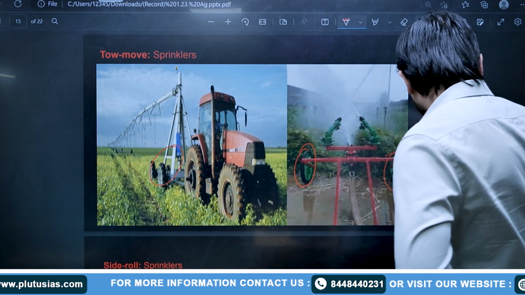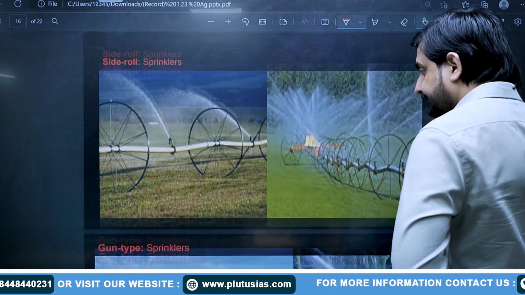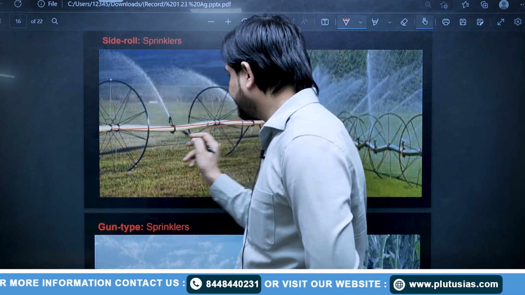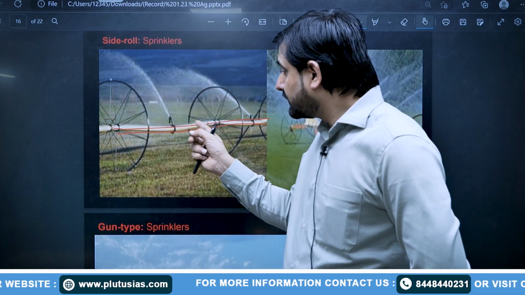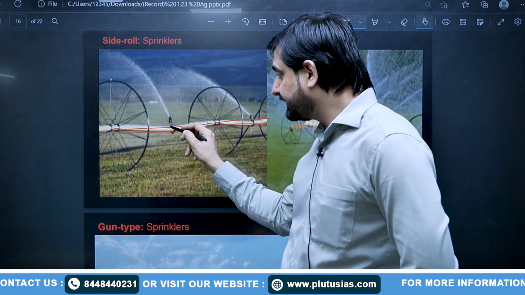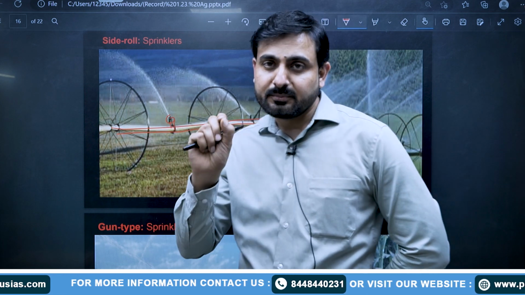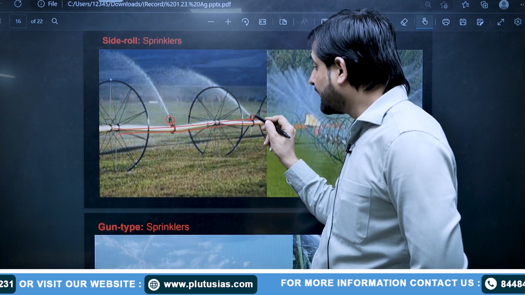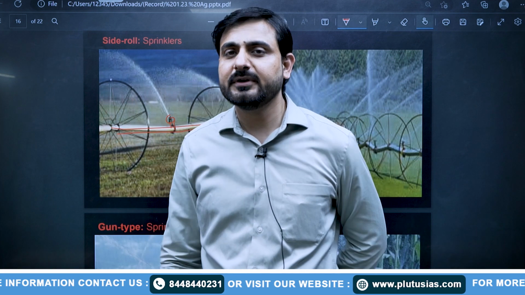Now, after this movable sprinkler, the side roll sprinkler. In a side roll sprinkler, there are different wheels, and you can reduce or increase the number of wheels. It is connected with the main water pipe channel, and around this main water pipe channel, there are certain nozzles mounted. Then these nozzles spray water over the surrounding areas.